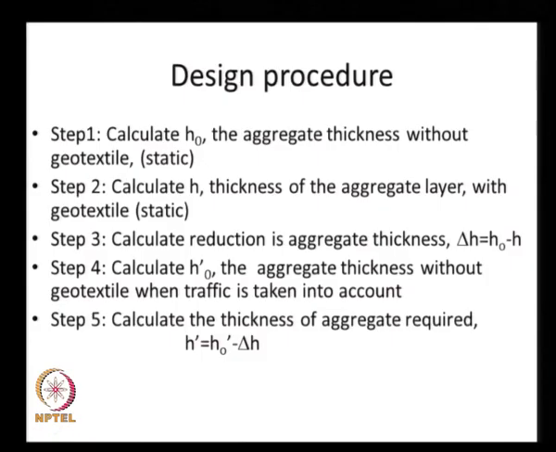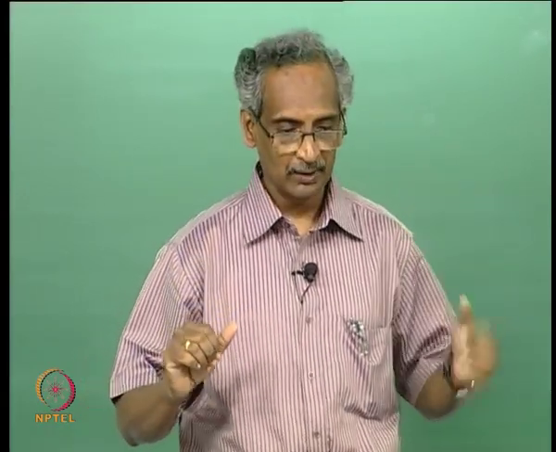The design procedure is very simple. We need to calculate H naught, that is the aggregate thickness, from one of the governing equations relating the stress that is transferred into the subgrade soil by load dispersion through a height of H naught.